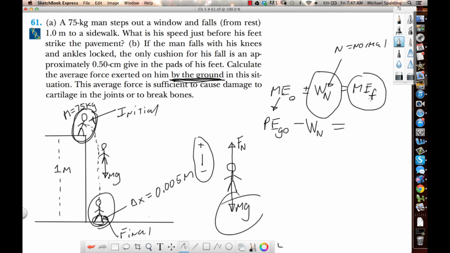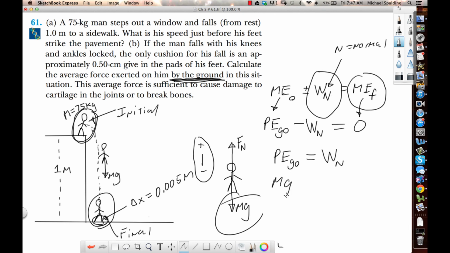It's 0. Does he have potential? No. Does he have kinetic? No. So basically the potential of gravity initial is equal to the work done by the normal force. How much of the mechanical energy does the normal force take? All of it.